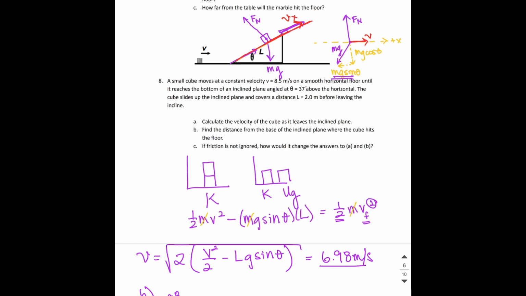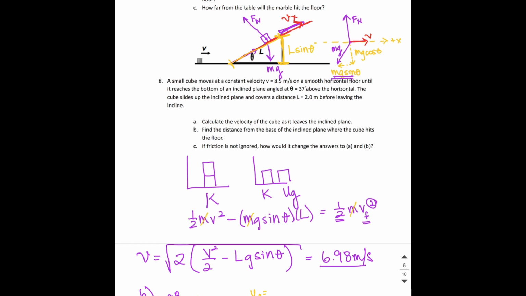Now, when I'm solving for the distance, my range, I always try to solve for the time in the y direction first. I need to figure out what this height value is right here to get my y initial. And that is going to be opposite over hypotenuse. So if this distance here is L, it'll be sine of theta.